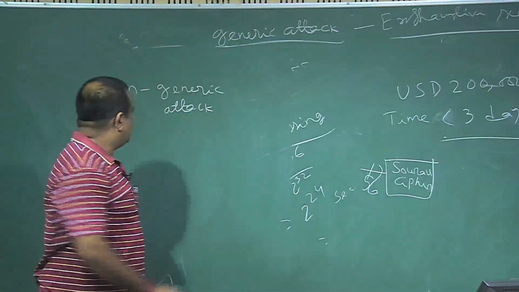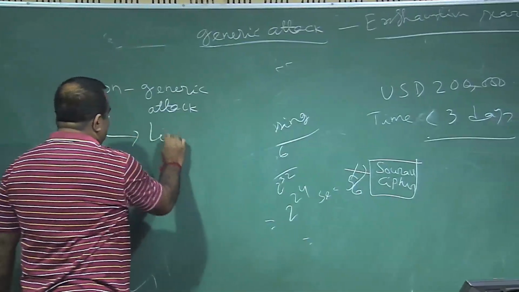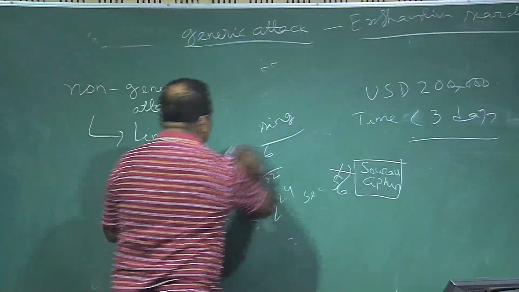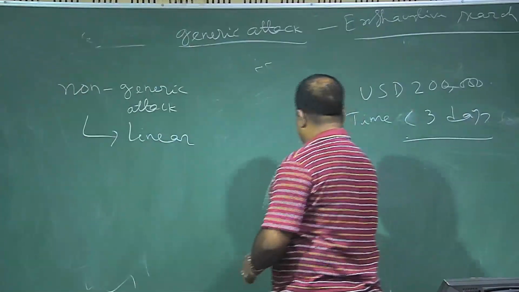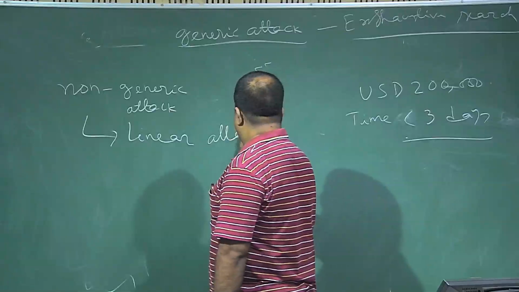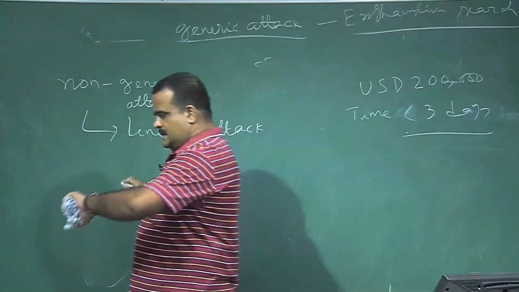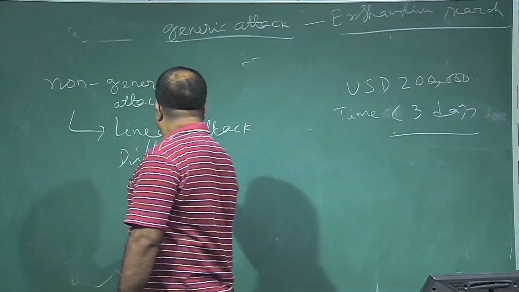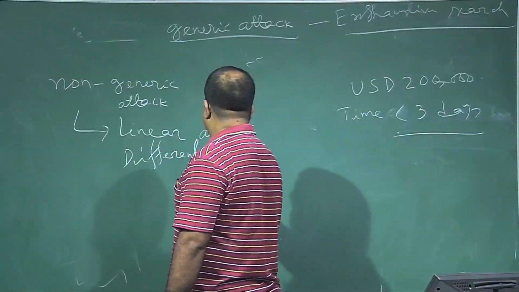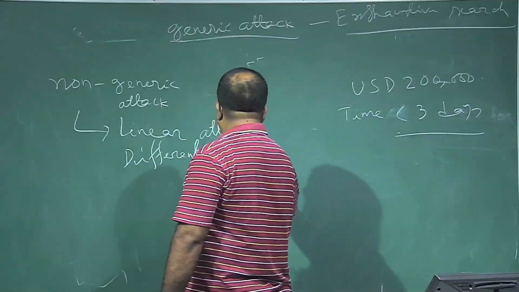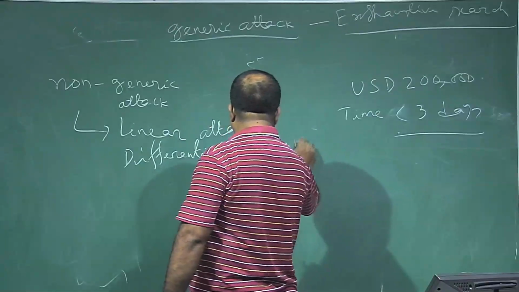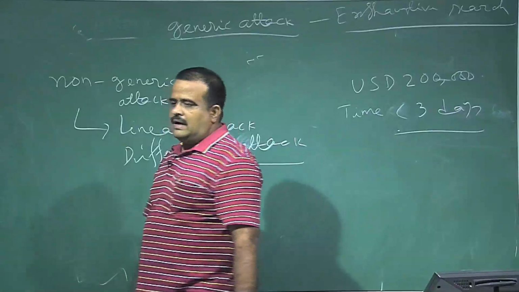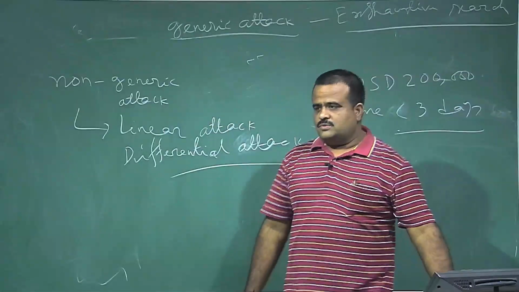Non-generic attacks are basically linear cryptanalysis, the linear attack, then the differential attack, and then some versions of the differential attack like the boomerang attack and the impossible differential attack.